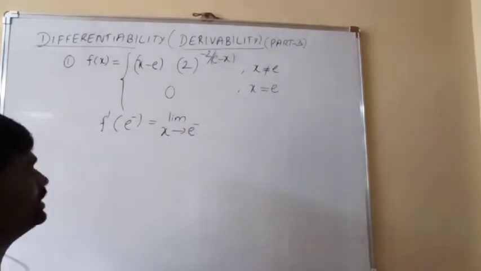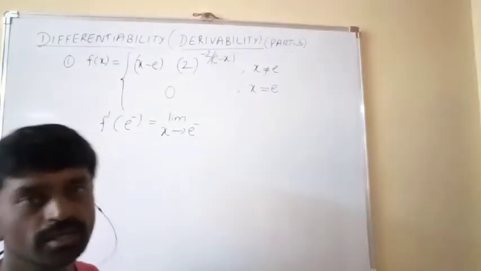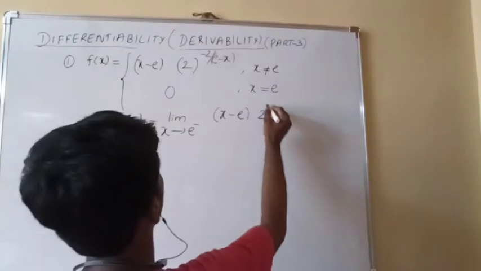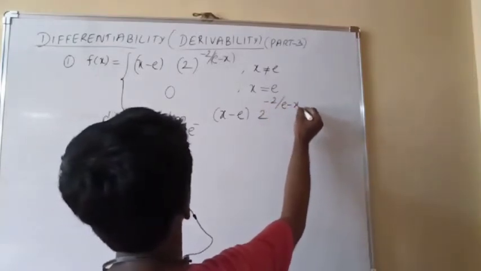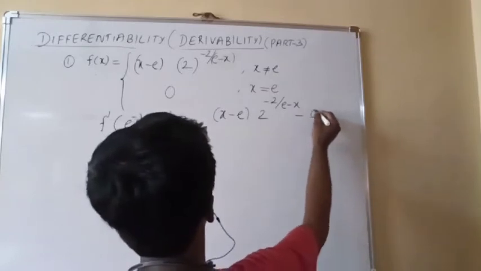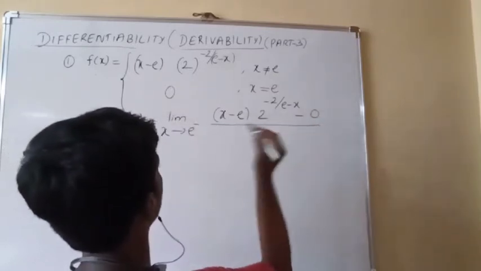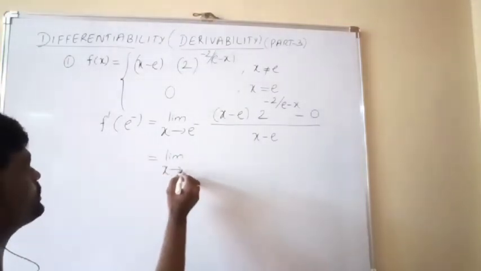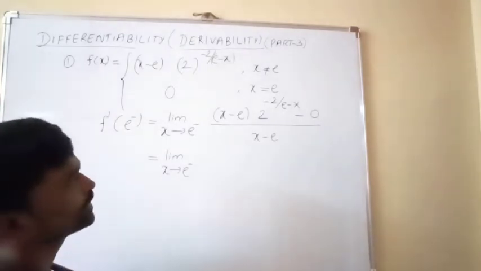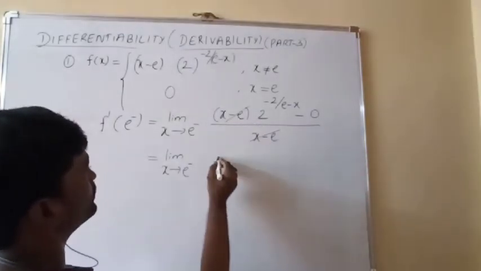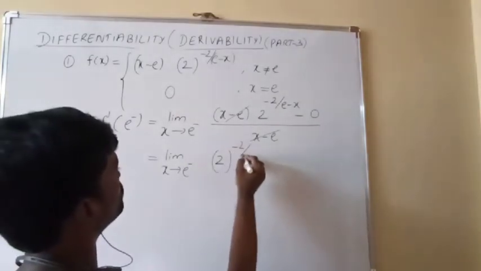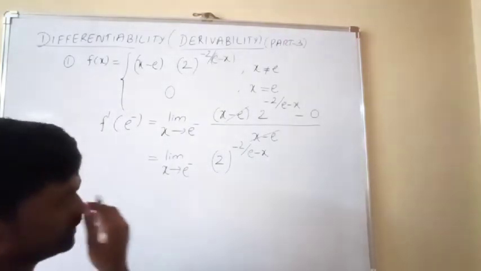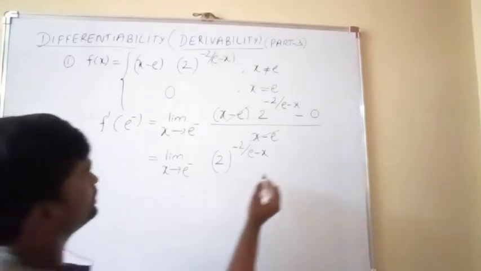What is f(x)? It is (x - e)·2^(-2/(e - x)) minus f(e), and the value of f(e) is 0, divided by x - e, since x - a means x - e. Now what will you get? Here x - e can cancel, so what you will get is 2^(-2/(e - x)).